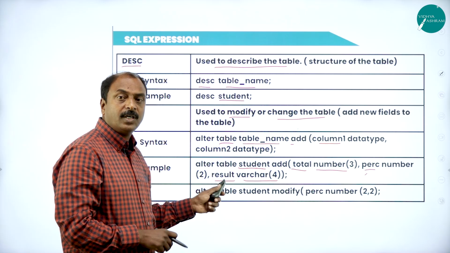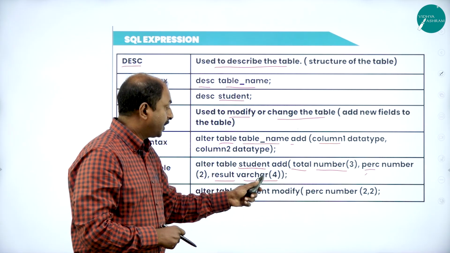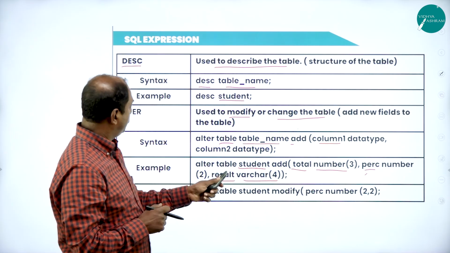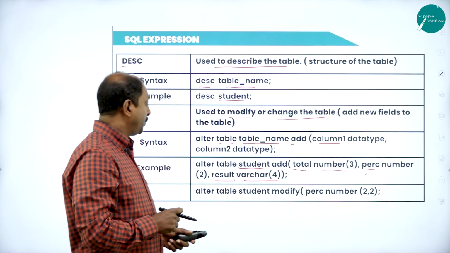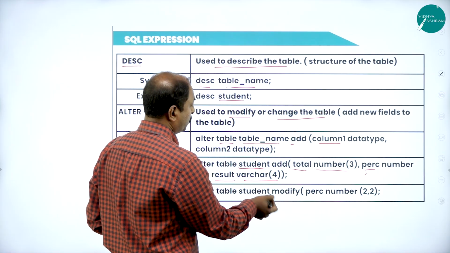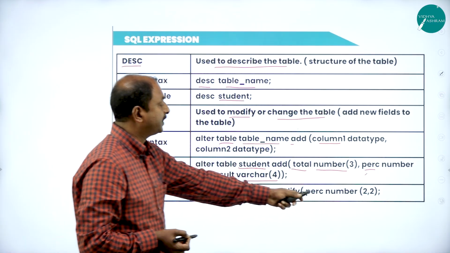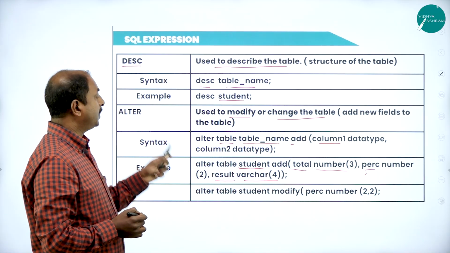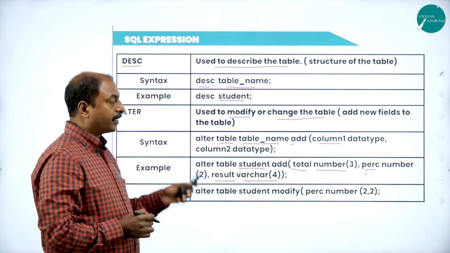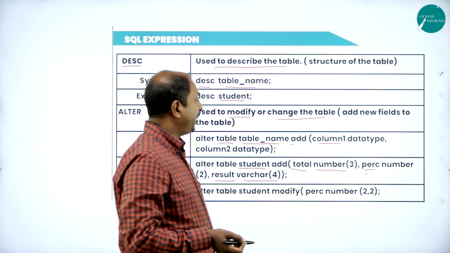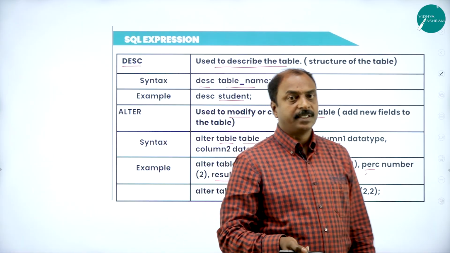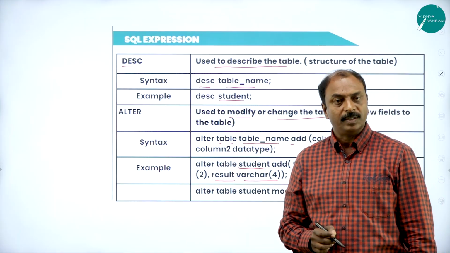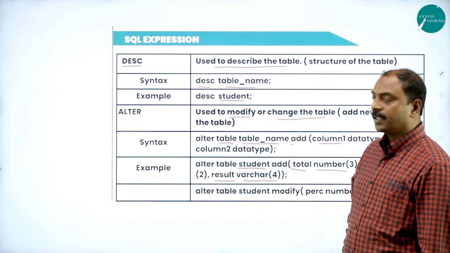The result is 1 more column with the data type varchar. Another way of using the alter command is alter table student, modify the percentage number. So the alter command is used to modify the table structure by adding additional columns. So this is the alter command.